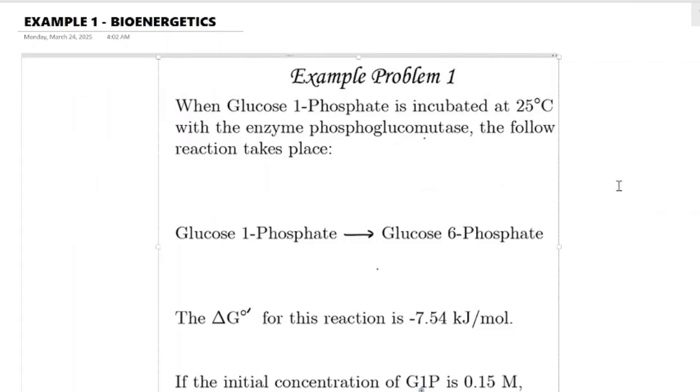So this is example 1, problem 1, and it reads: when glucose 1-phosphate is incubated at 25 degrees with the enzyme phosphoglucomutase, the following reaction takes place. Glucose 1-phosphate going to glucose 6-phosphate.